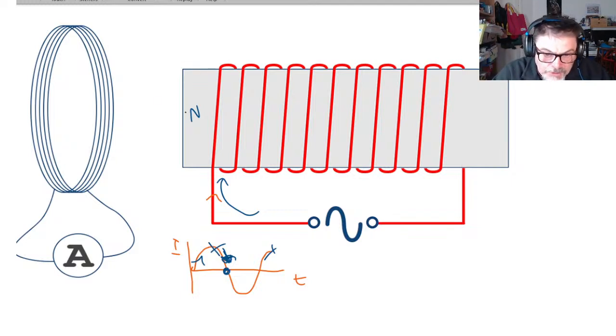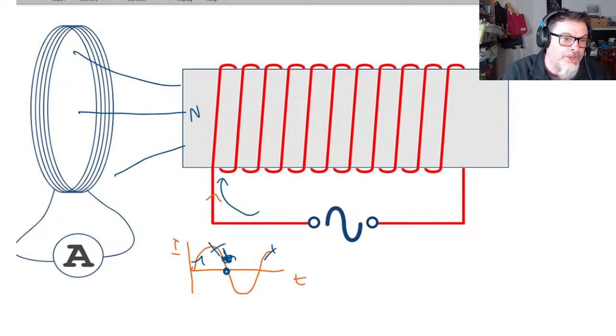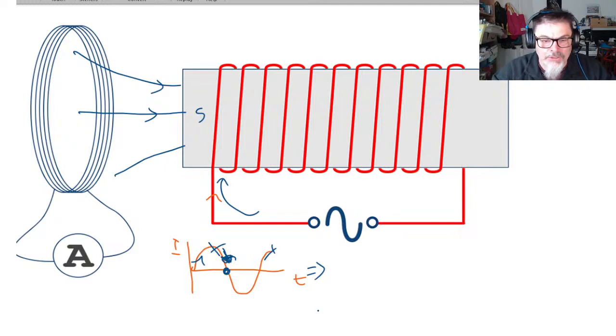And now the field lines start to build up again, except this time it's not going to be a north, it's going to be a south. So the field lines are going the other way, and they'll build up and get stronger. So in other words, if we have an alternating current, that's going to lead to a constantly changing N phi, or a constantly changing, excuse me, flux linkage in our coil.